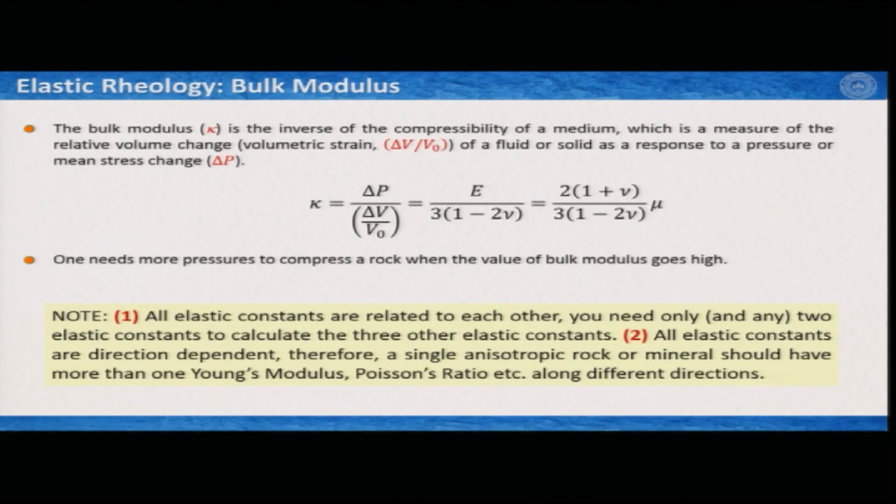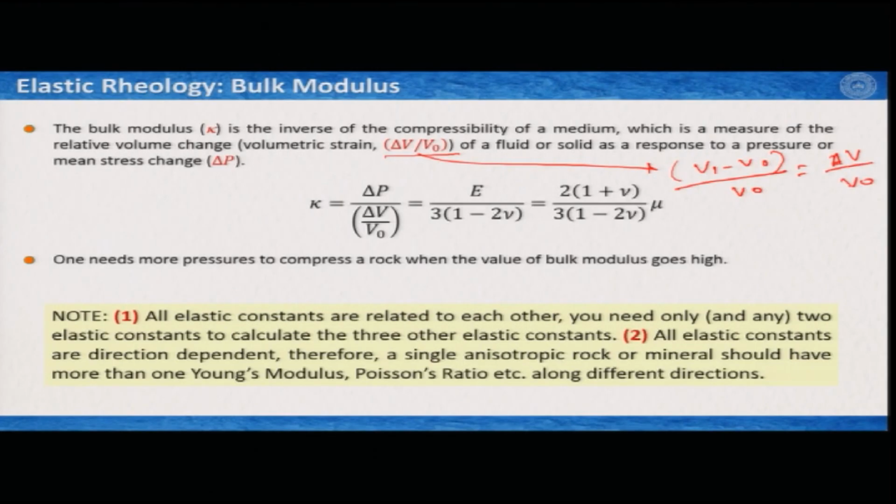Volume change is defined by del V versus V0, where del V is V1 minus V0, and V1 is your changed volume. So, it is V1 minus V0 divided by V0, which you can write as del V by V0.